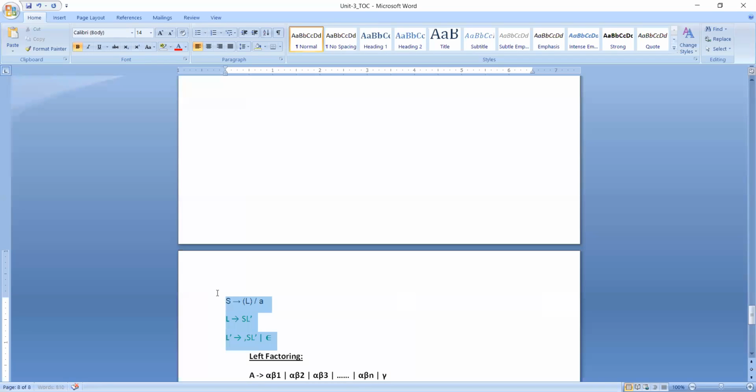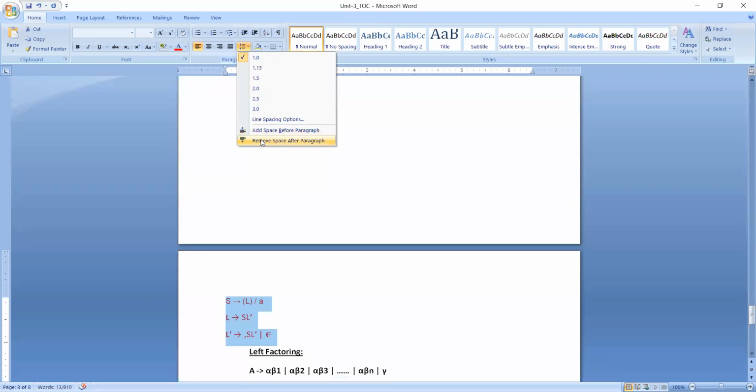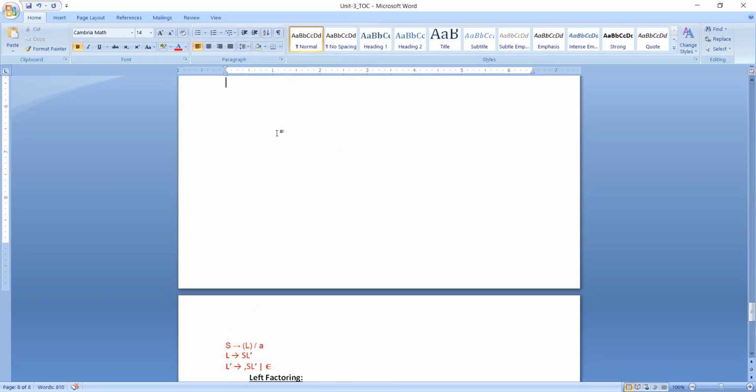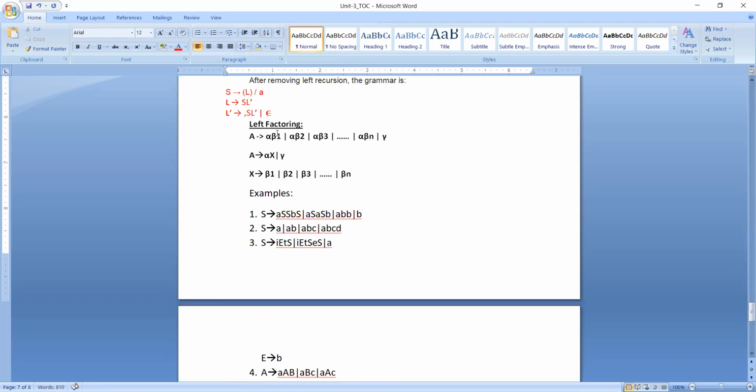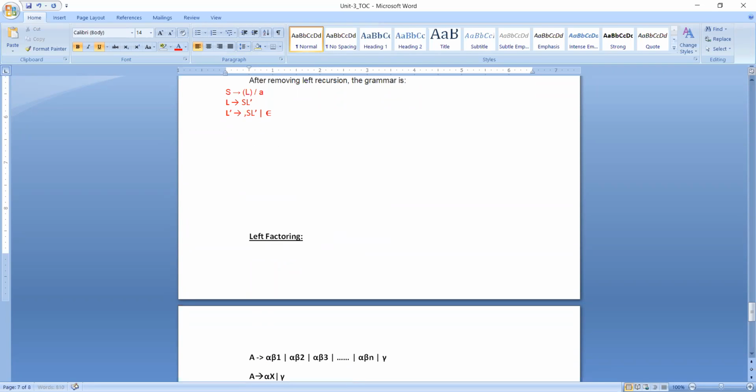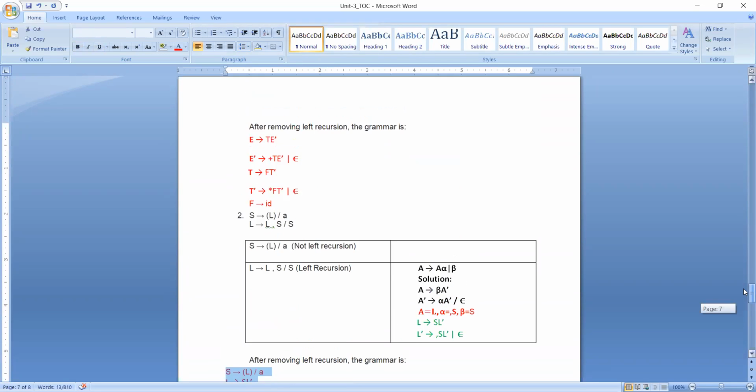Okay. So let us make different color. Okay. Now let us see here. So this is the grammar which we are going to get after removing the left recursion which is present in the given grammar. Understand?